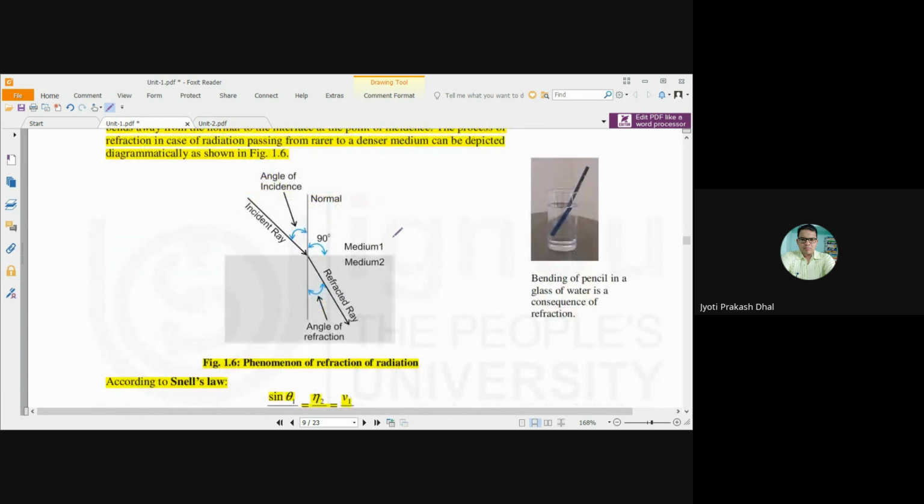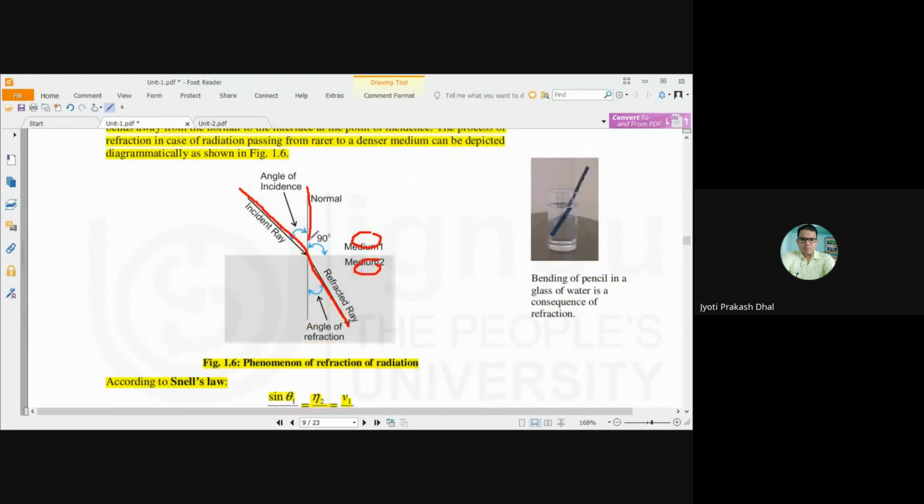For example, suppose this is medium 1 and this is medium 2. Both the media are transparent, but the densities of the two media are different. In medium 1, suppose the incident ray will be like this, and when that passes through medium 2, it will bend. This is called the refracted ray.